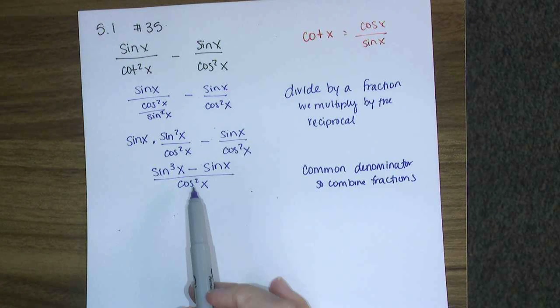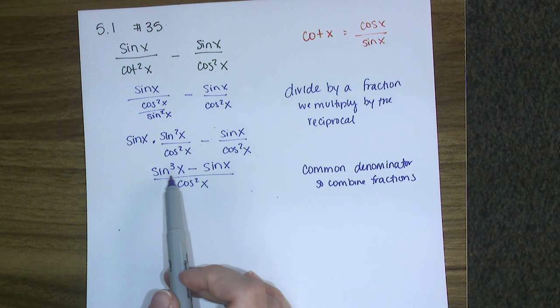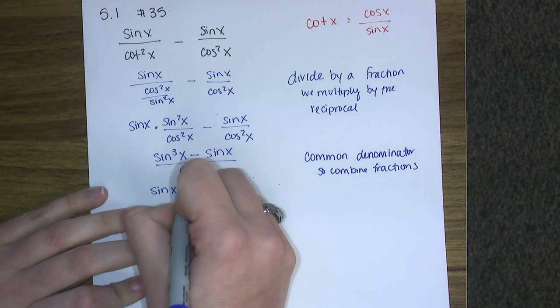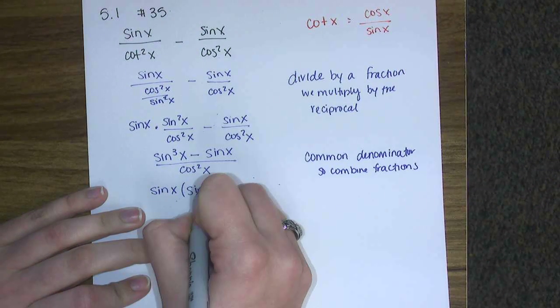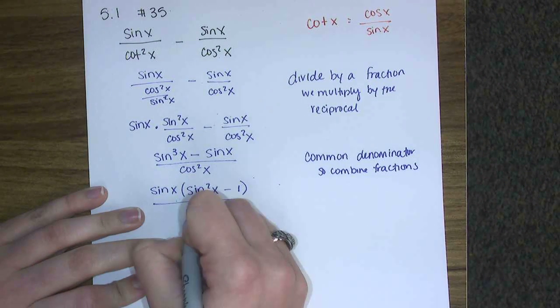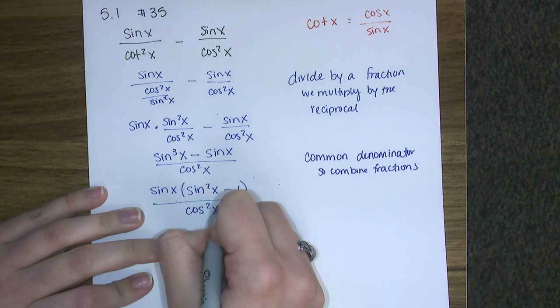Now we can still simplify it more, because we can pull out a sine of x from the top from both pieces. So sine of x times sine squared of x minus 1 all over cosine squared of x.